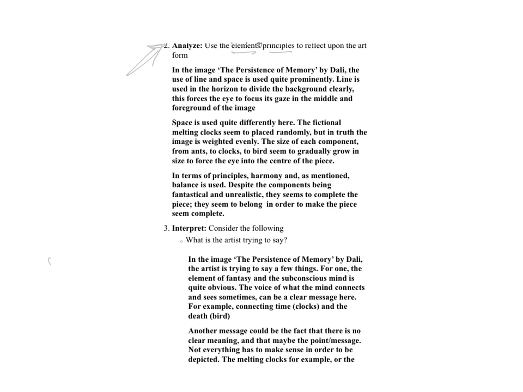So in the image, The Persistence of Memory, the use of line and space is quite predominant. Again, we're working within the elements and principles, so you don't have to feel like you're making all of this up. All you have to keep in mind is that you are, in fact, choosing the elements and principles of design that we covered back in lesson 1 and where and how they are applied in the image of which you are dissecting.